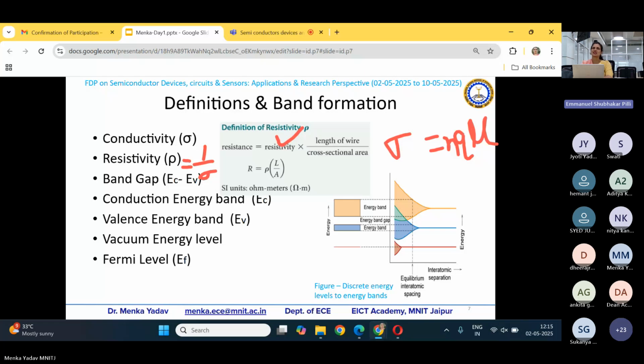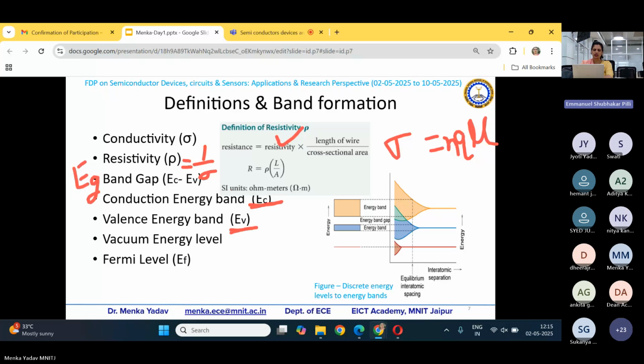Now, next definition is the band gap. Band gap is defined as EC minus EV, and it is represented by EG. E is for energy, G is gap, energy gap. Conduction energy band is defined as EC. Valence band is defined as EV.